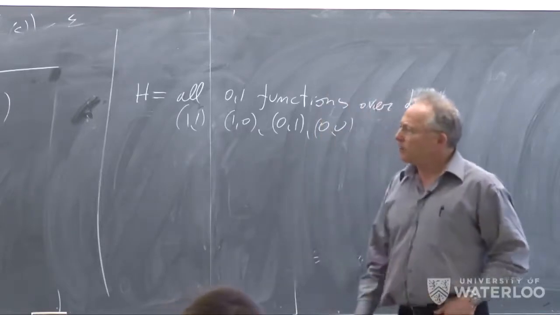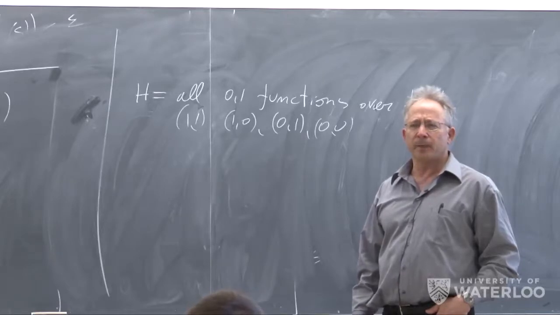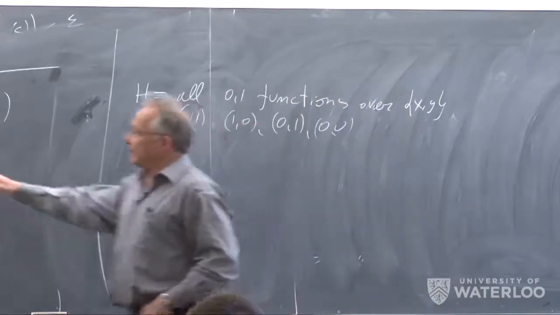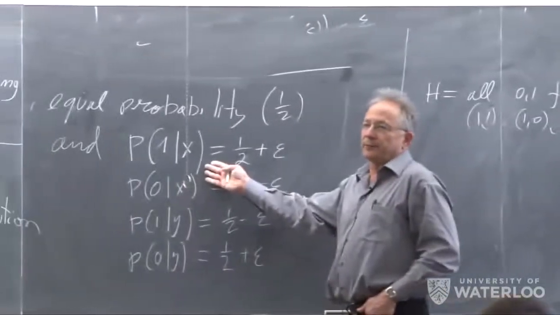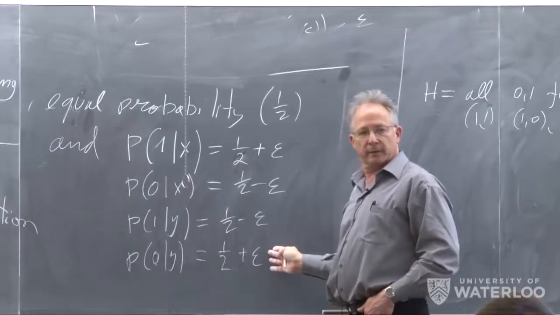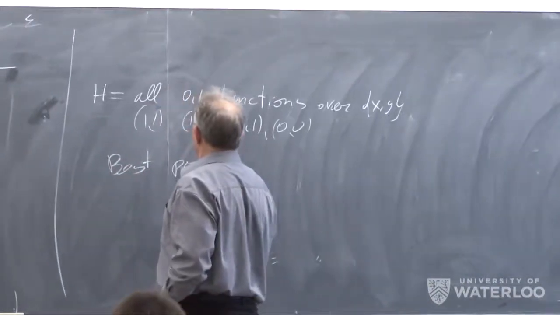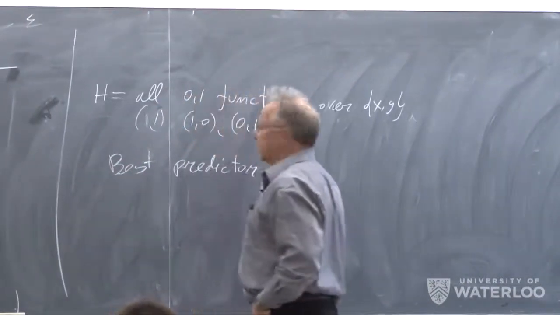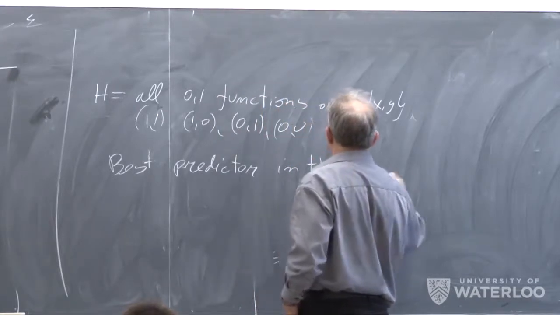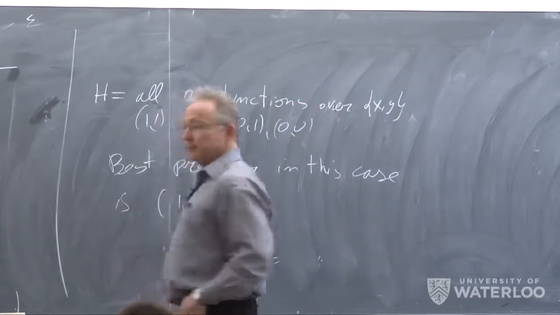Now tell me, which is the best function here? Well, the best function is 1, 0, because this is the base function. The base function is 1 for this point and 0 for this point. So the best predictor in this case is the function 1, 0.